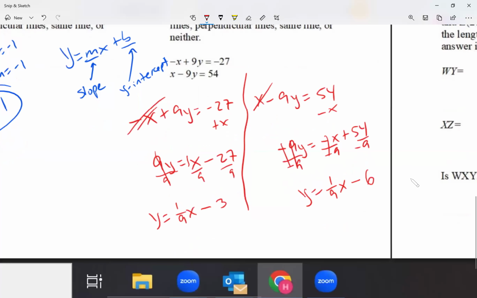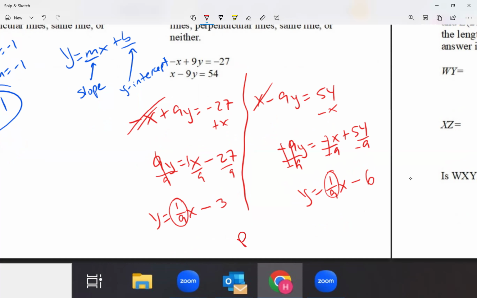Now I see my slopes are the same, right? 1 over 9. The y-intercepts are different. My first line crosses the y-axis at -3. My second line crosses the y-axis at -6. The slope is the same, different y-intercept.